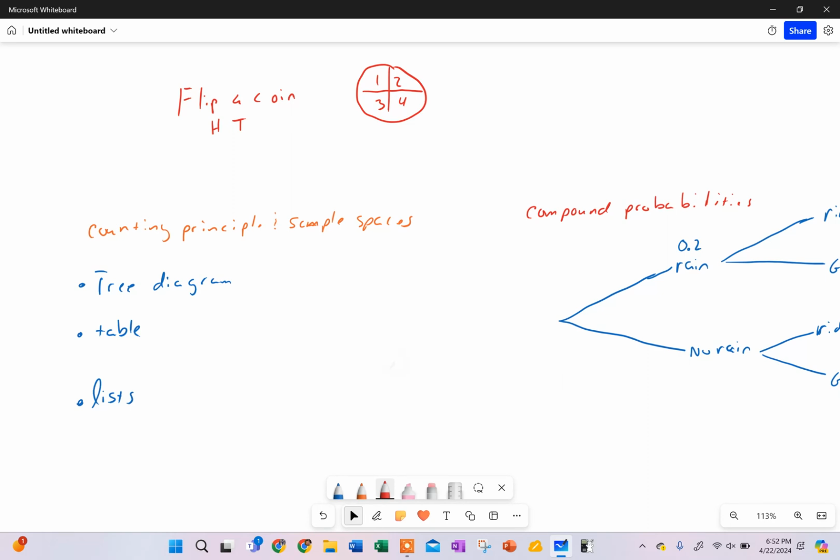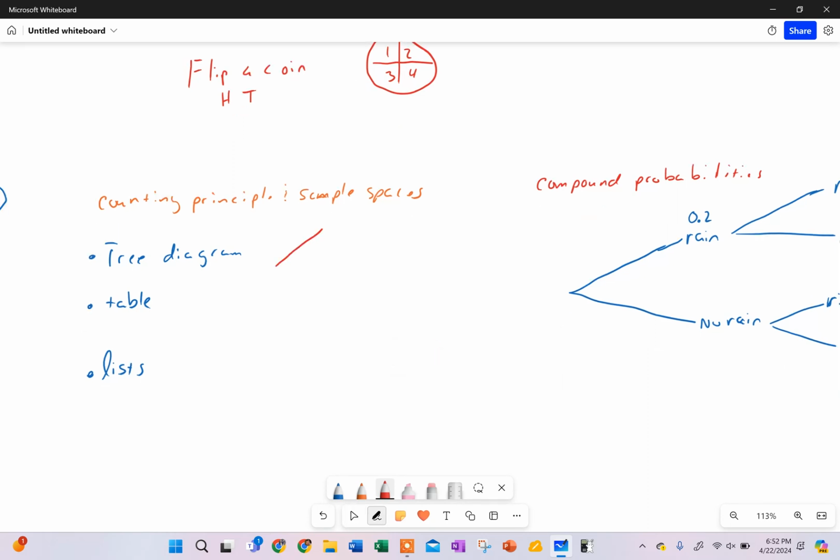All right, so for a tree diagram, since I'm going to do a spinner, it'd be heads or tails. What could happen if I did heads? Well, I could get 1, 2, 3, 4. And if I did tails, I could get 1, 2, 3, 4. And that's it. So those are all the possible outcomes.